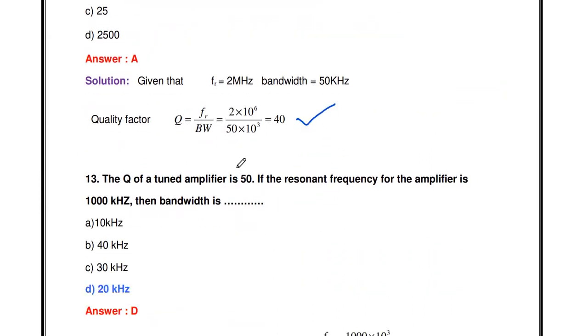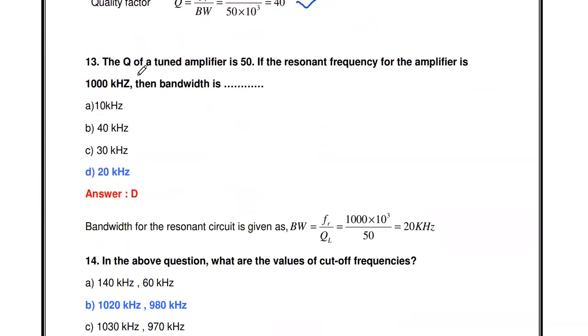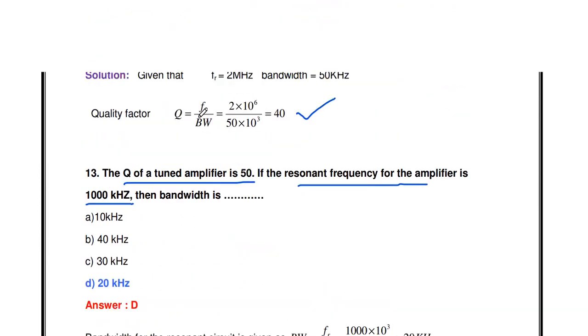Okay. Then the next one: the quality factor of a tuned circuit is 50, and if the resonant frequency is 1000 kilohertz, then the bandwidth is? So here Q and FR are given. The question is bandwidth. So you just rearrange the formula.